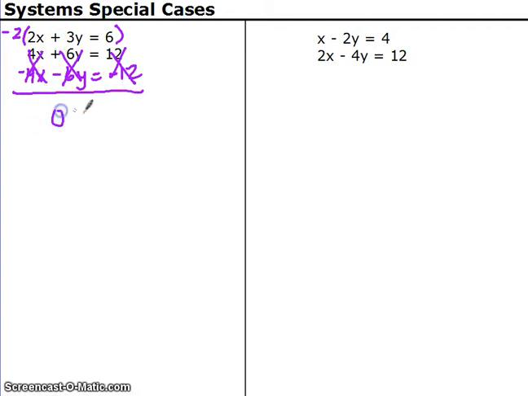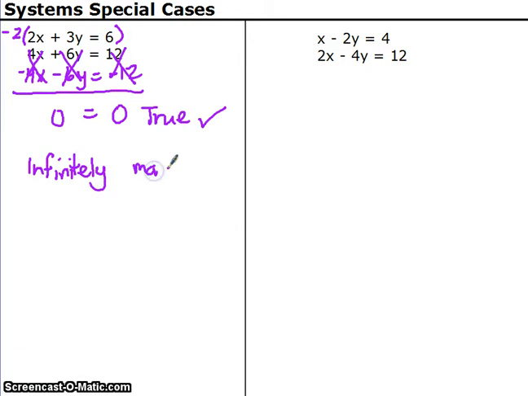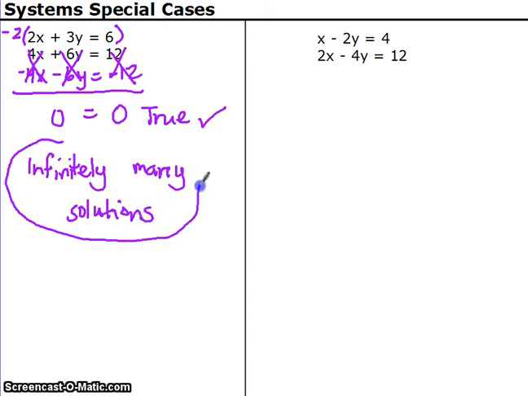So there's 0 left over here, and there's 0 left over here. 0 equals 0. Is this true? Yes. If it's true, that's the infinite. These were the exact same line. If we were to get them, infinitely many solutions. If we were to have graphed those, they would have same slope, same y-intercept.